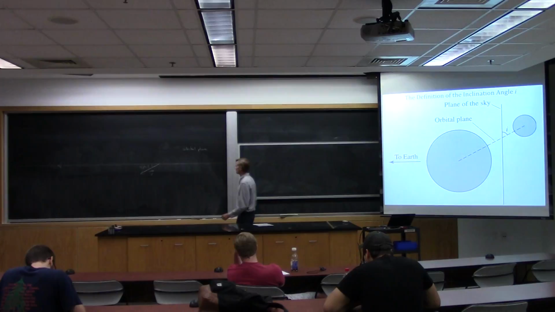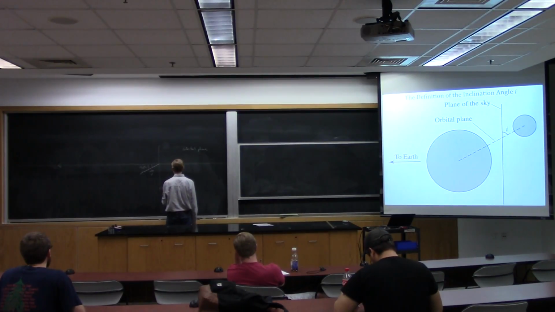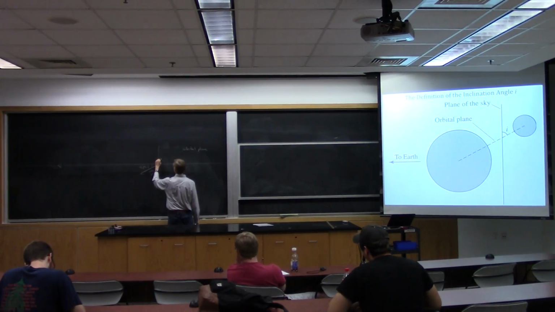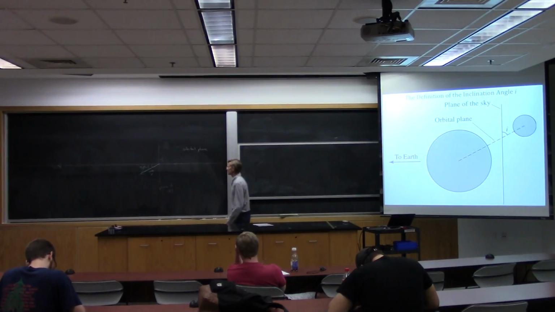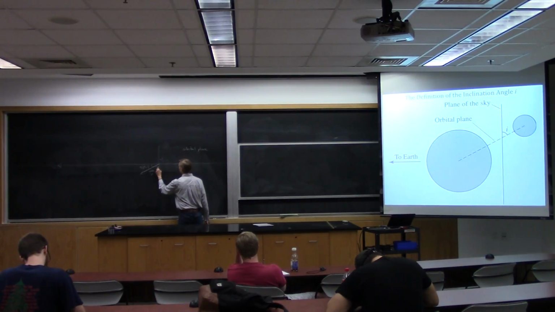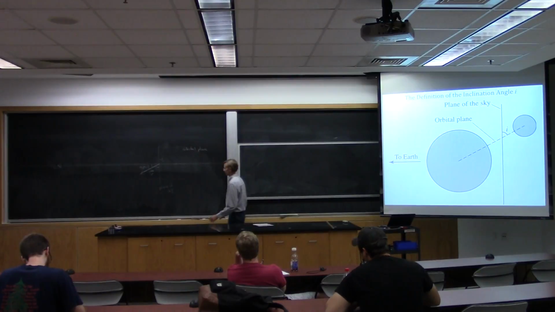since the orbital inclination is, here's the plane of the sky, that angle right there. By the usual arguments, this is also the orbital inclination, and so that angle right there is 90 degrees minus the inclination.